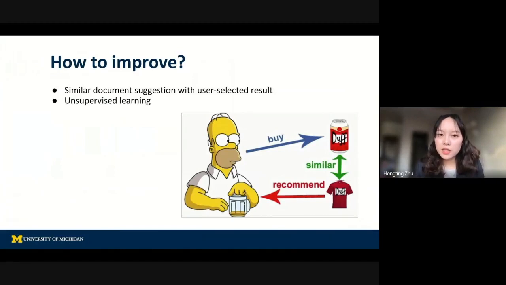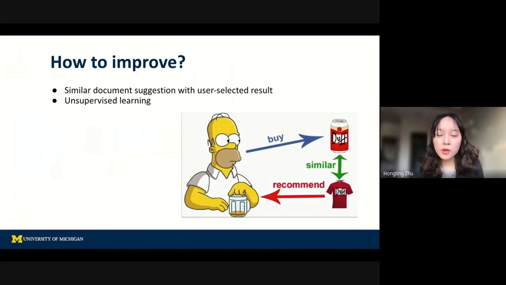It is essentially a recommender system with unsupervised learning. What we want to do can be explained by the diagram. For example, Homer bought a Dovecon energy drink, and we want our algorithm to see it and think that the Dovecon energy drink franchise T-shirt could also interest him, and recommend this T-shirt for him to buy.